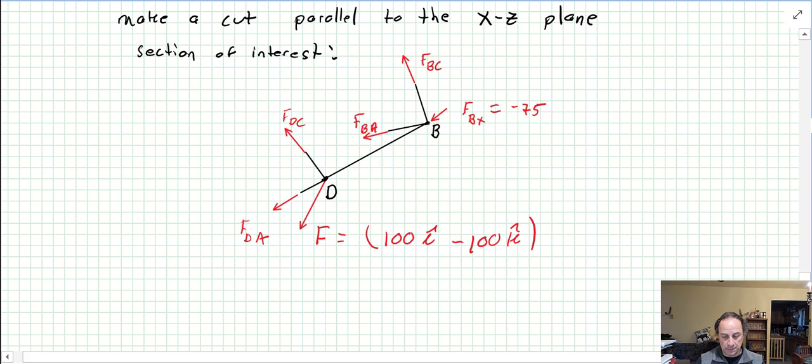Okay, this is our section. We cut through the piece, and we replaced the whole rest of the structure with equivalent forces.